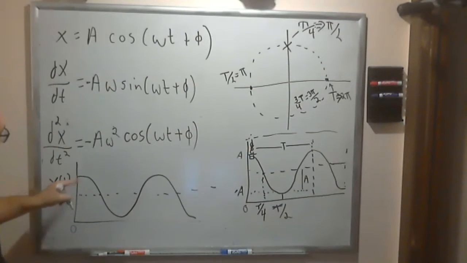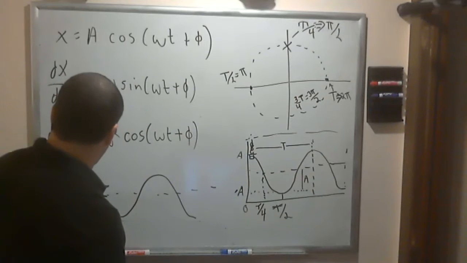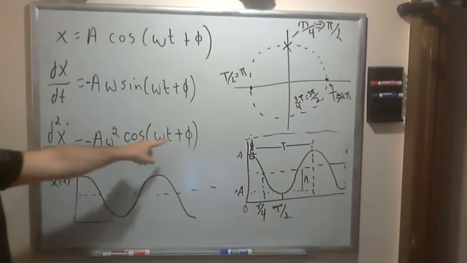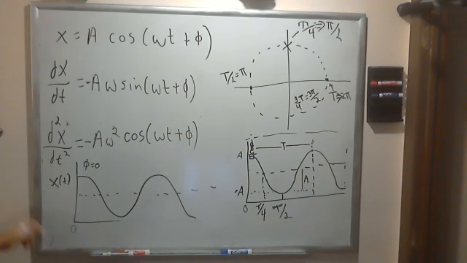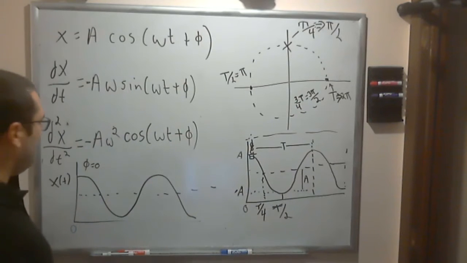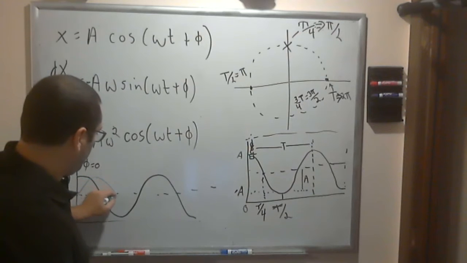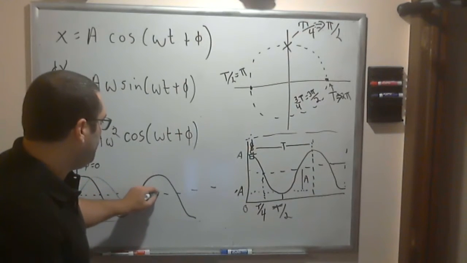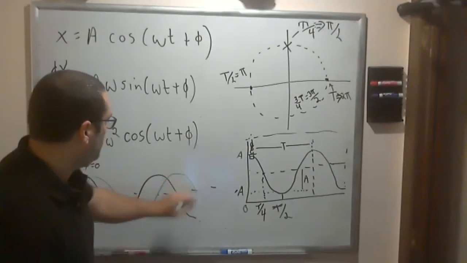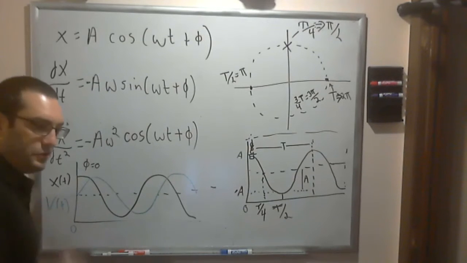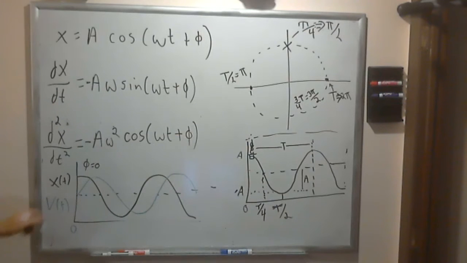We see x is at a peak, so there's no phase term that we need over here. And the sine would be 0 at that point. So what ends up happening is this. And this is the velocity. Can you see that? Okay, great. So the lighter color is the velocity.